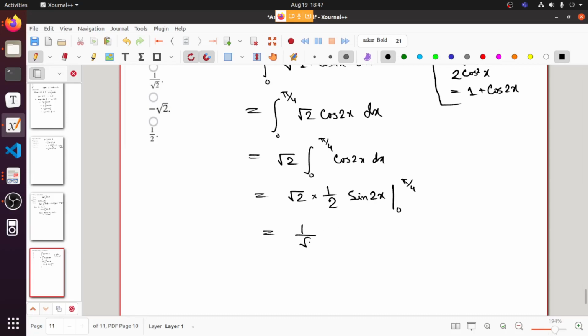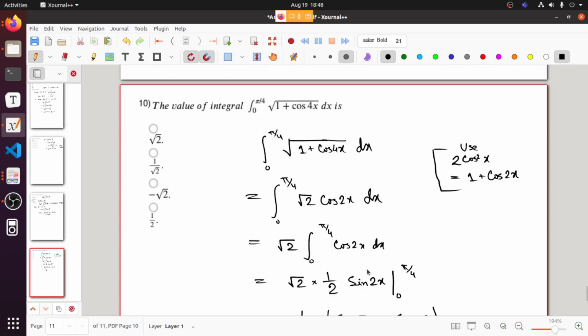So it will be 1 by root 2 times sin pi by 2 minus sin 0. Sin pi by 2 is 1, sin 0 is 0, so you get 1 by root 2. This is the value of the integration. So which option is correct? Option B.